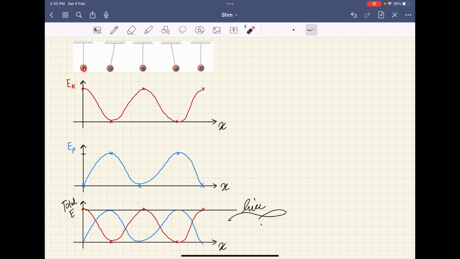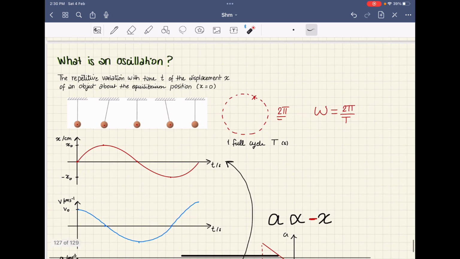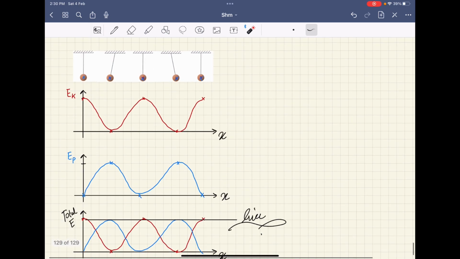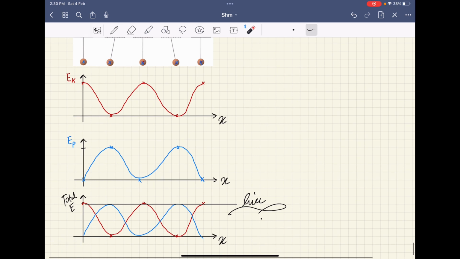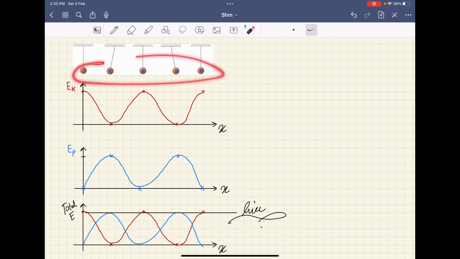This is just the pendulum going from equilibrium to maximum and back to equilibrium. As we said, one full oscillation should start from equilibrium to maximum, back to equilibrium, maximum negative, and back to equilibrium. So you should pay attention to what your x-axis says in order to spot how long one full oscillation is.